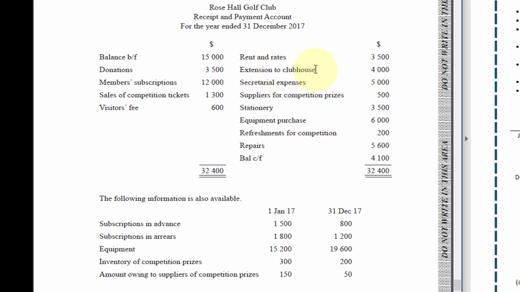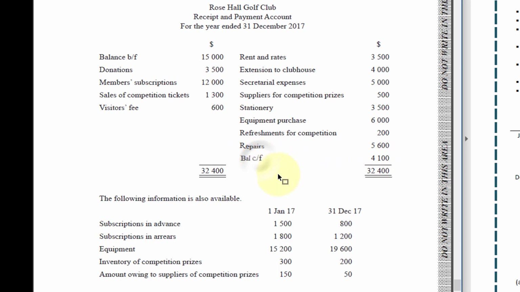All right, extension to clubhouse, secretarial expenses, supplies, suppliers for competition prize, stationery, equipment purchase, refreshment for competition, repairs, and your closing balance.